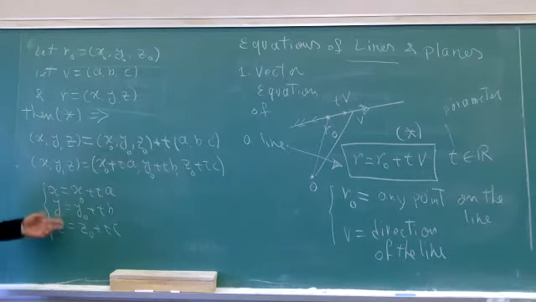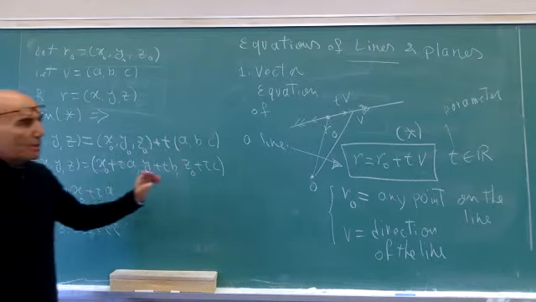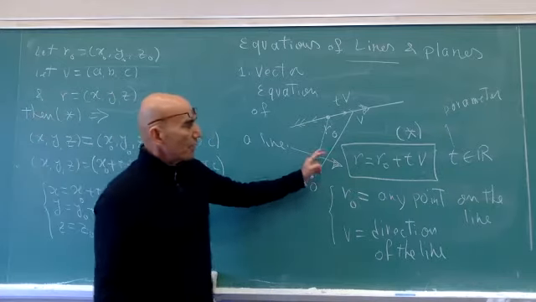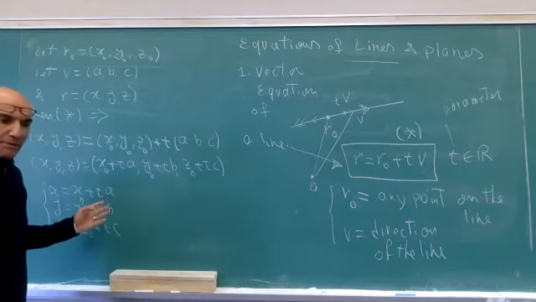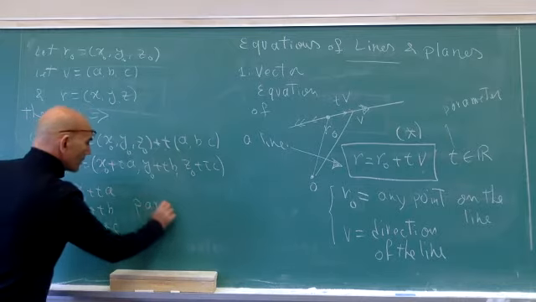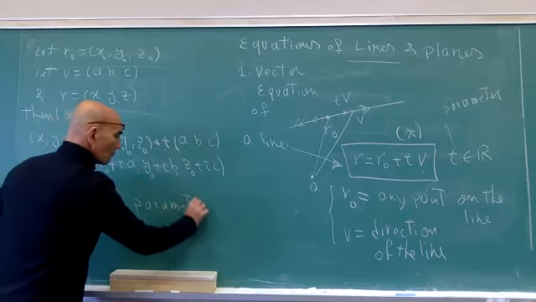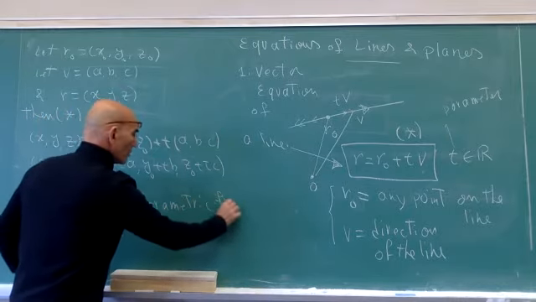So we found a completely equivalent form, which looks different, for the equation of the line. I believe it's called the parametric form of the equation. So this is the parametric form.